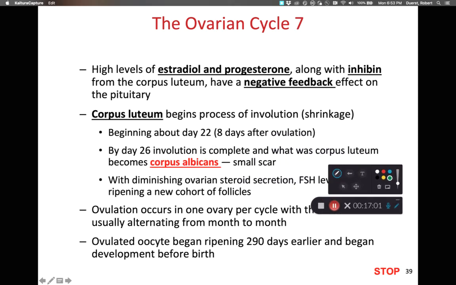As that corpus luteum shrinks and becomes smaller, eventually it is going to turn into something called the corpus albicans. Albicans referring to white, corpus for body or scar, the white scar, corpus albicans. And this involution is going to begin on day 22 of the monthly cycle, and by day 26 of the monthly cycle, assuming 28 full days, the corpus albicans has formed.